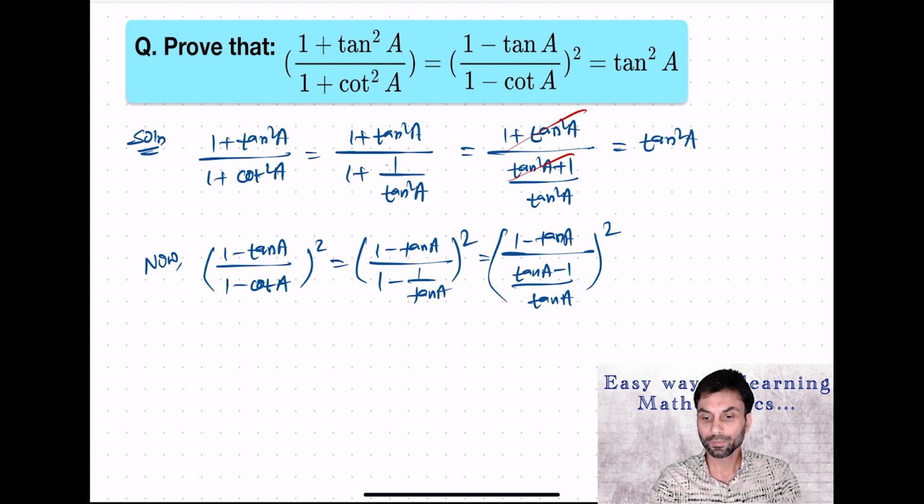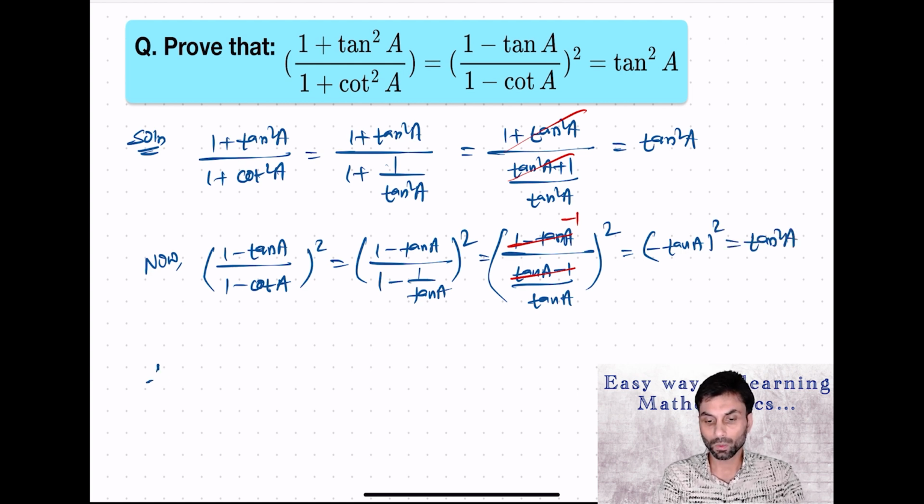Now here this 1 minus tan A and tan A minus 1 will cancel with a factor of minus 1, and so the value of it will become (minus tan A) whole square, which is nothing but tan square A.